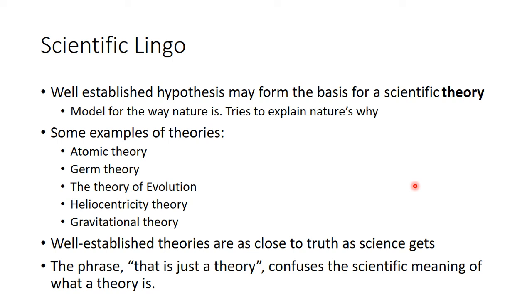When people say that, they're confusing the word theory. They're thinking of the English word for theory, which is closer to hypothesis. In science, if something is a theory, it has gone through many different experiments, and it's a combination of these experiments to explain why something is the way it is.